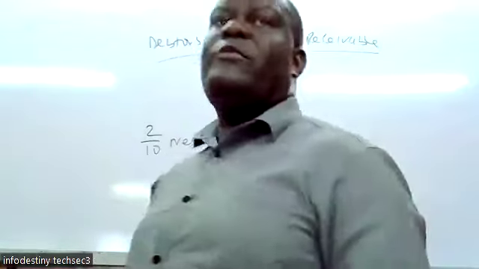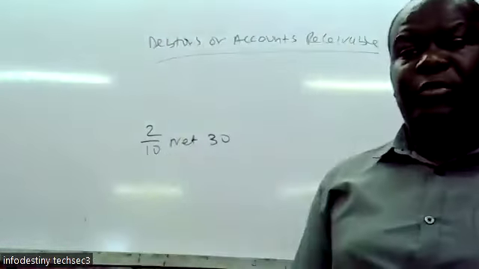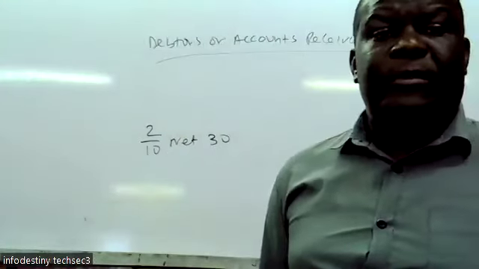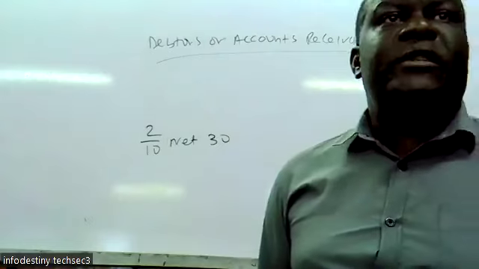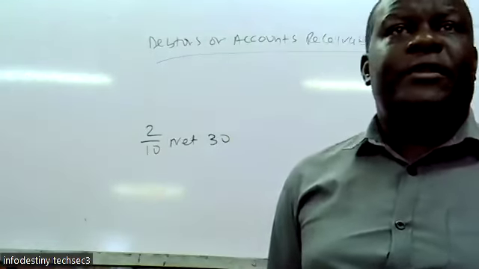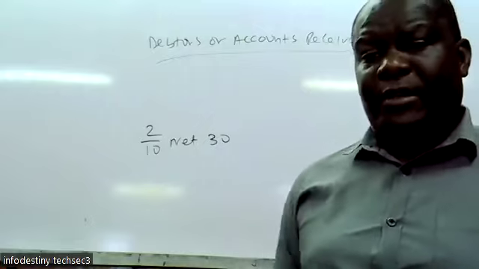So what we do for that element, we simply prepare the income statement. We prepare the income statement before the change in the policy and also after the change in the policy. Then we shall come up with that.